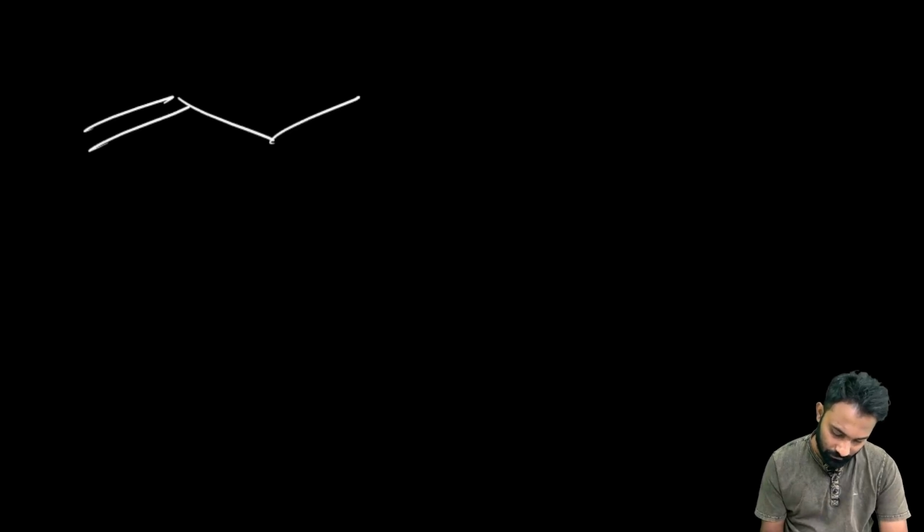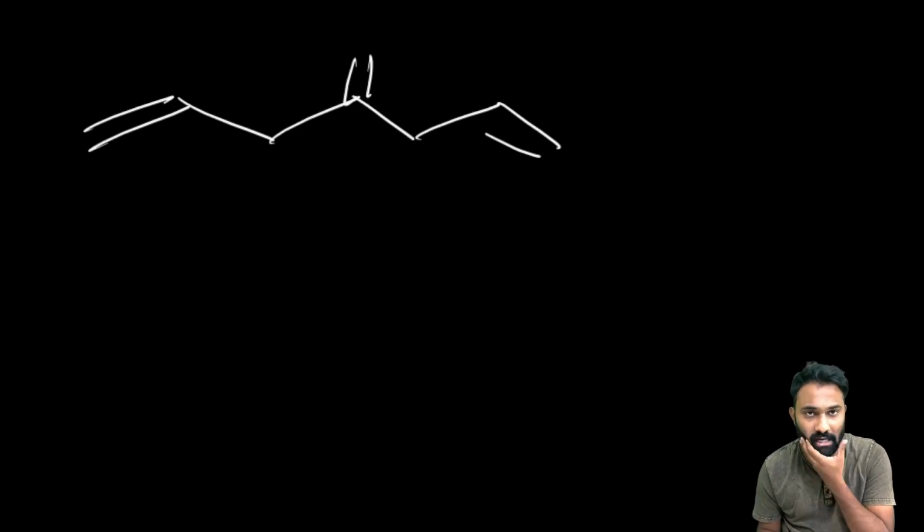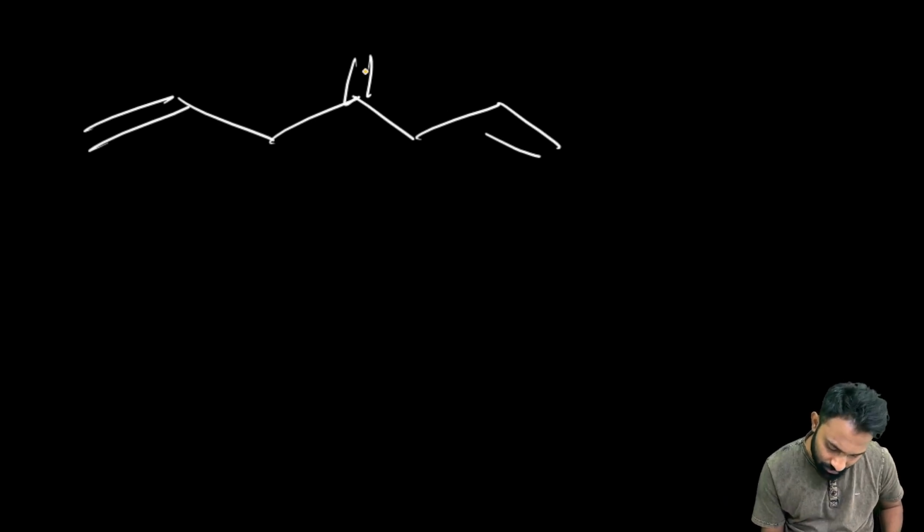Next, if the multiple bond is directly attached to the parent carbon chain, without any carbon in between, how do we give the naming? Now you see what has happened: this carbon has 2 hydrogens.